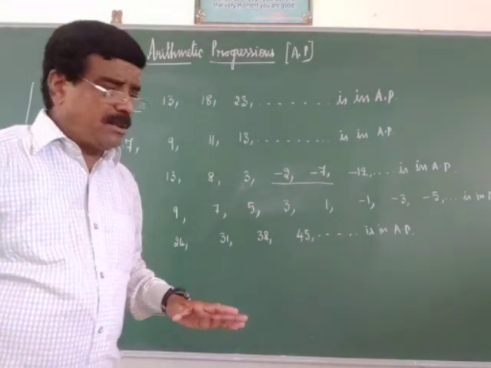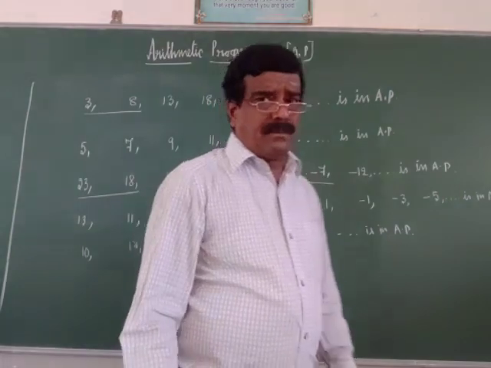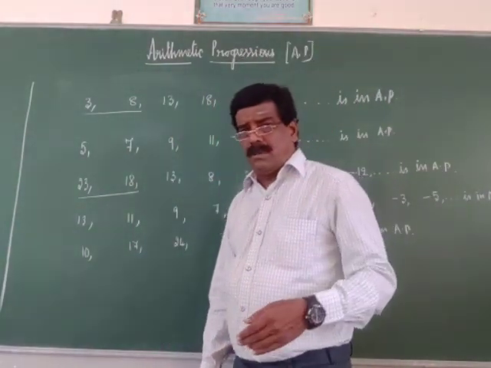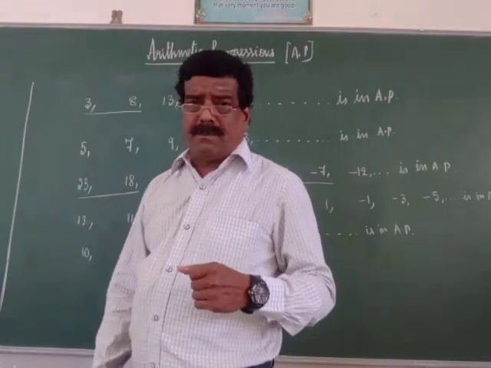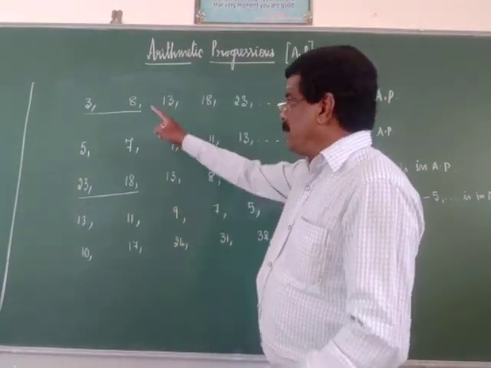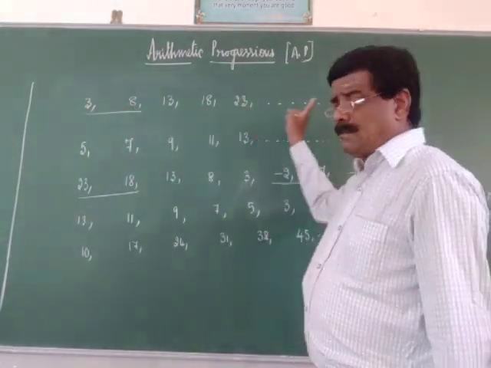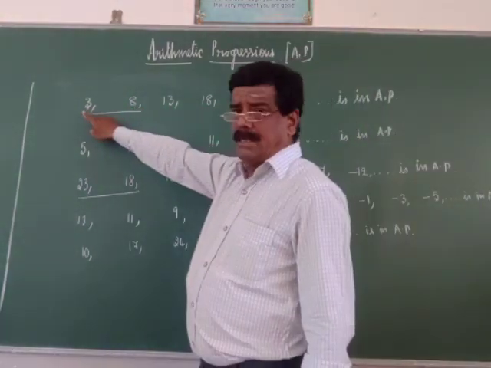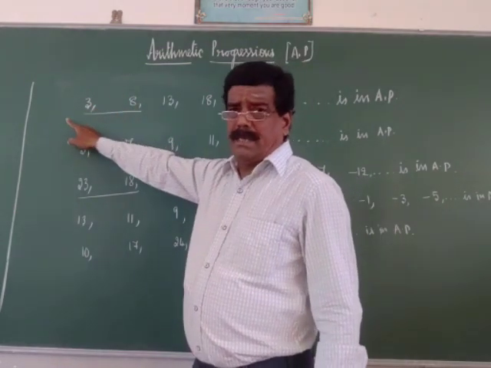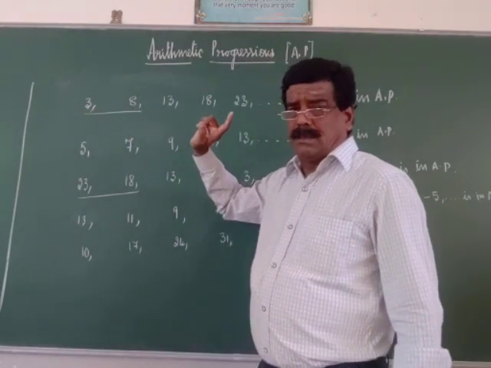For example, in the examination we will be getting questions like this. They will be giving some examples like this. You are expected to find out the first term and the common difference. Few things I will do orally now. For the first example, the first term is 3 and the common difference is 8 minus 3, 5. Simple.